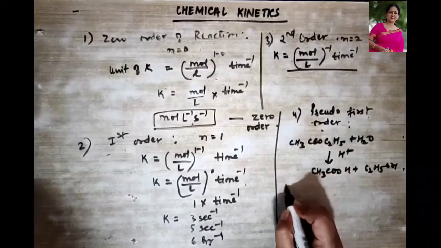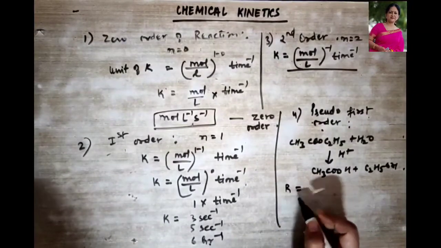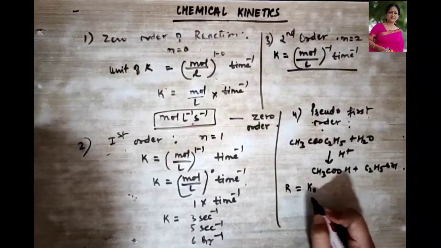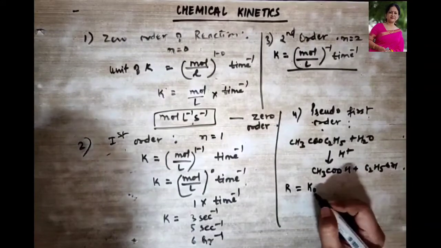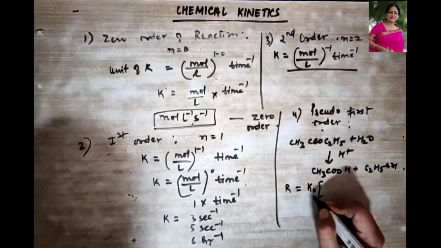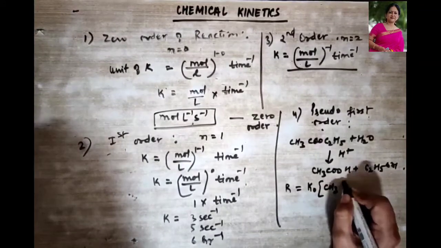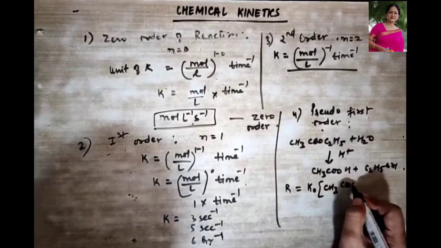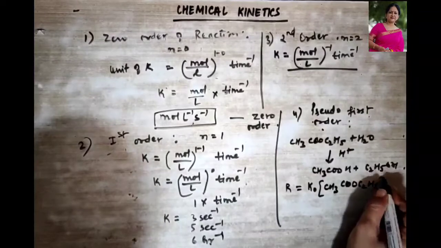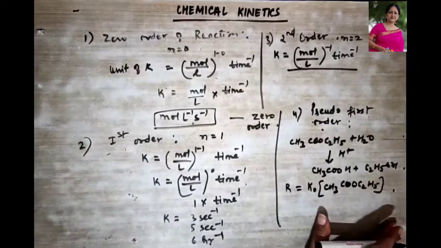So over here your rate of reaction will be equal to the rate constant. Where water is more, it will be written like this, K0, and then you write down the reactant CH3COOC2H5.